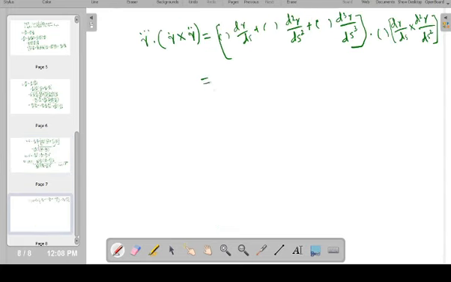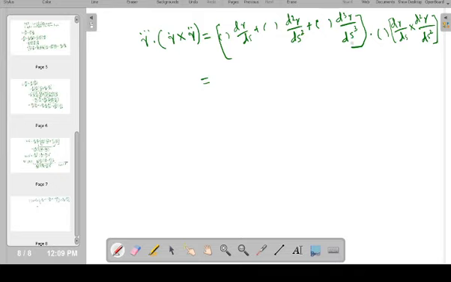So what will I get? d gamma by ds dot product with d gamma by ds cross d square gamma by ds square. So a dot a cross b is equal to 0. Similarly, d square gamma by ds square dot product with d gamma by ds cross d square gamma by ds square is like a dot b cross a, which is equal to 0.